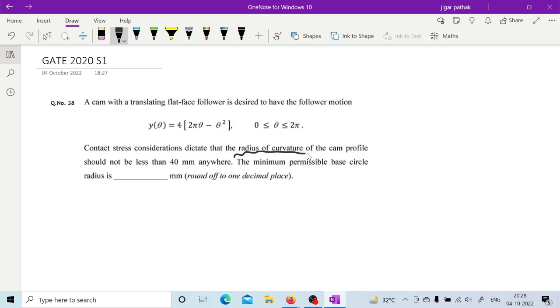Anyone remember radius of curvature from those derivatives? Okay, so you can try and type in your answer in the chat box.